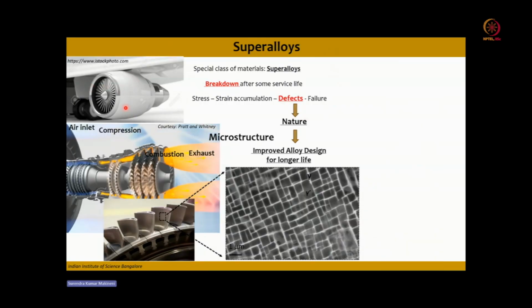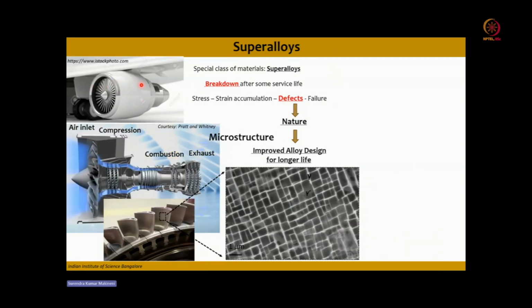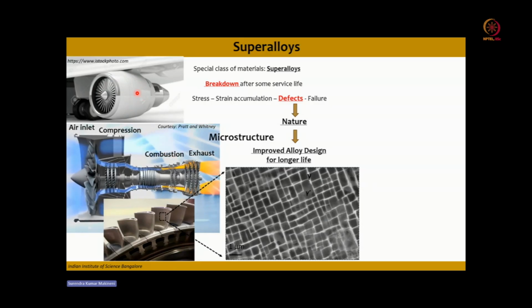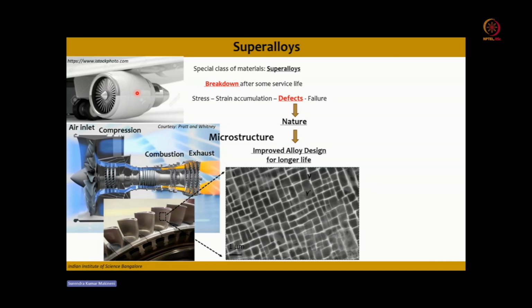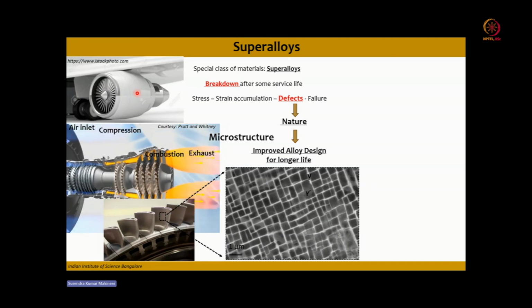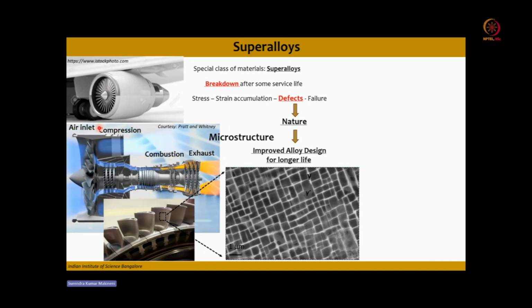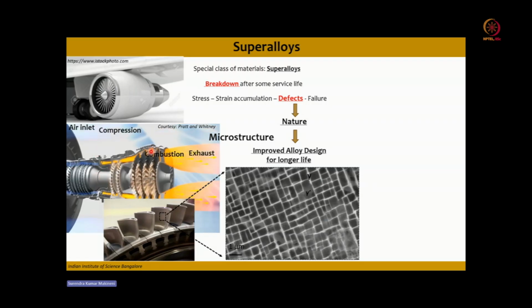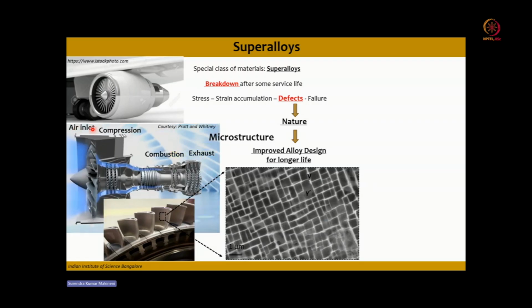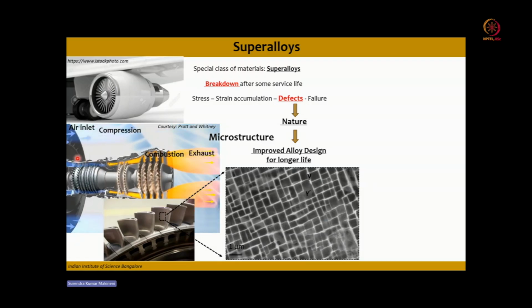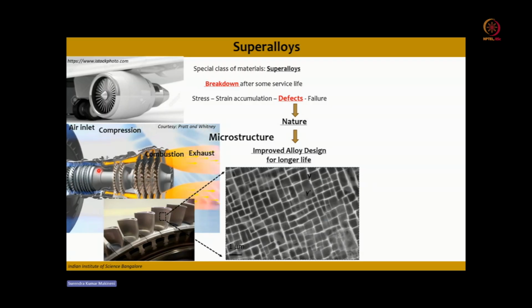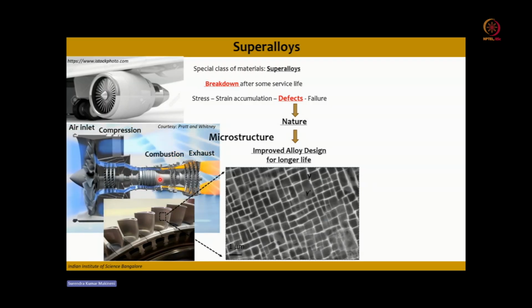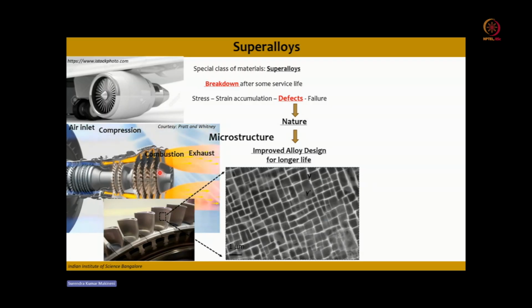So this is a turbine engine, and usually these are the main thrust provider for aircraft and aeroplanes. The cross section consists of an air inlet, compression, combustion, and exhaust. The air gets in, it is compressed with a high pressure, and when it reaches the combustion zone, there will be ignition of the fuel.